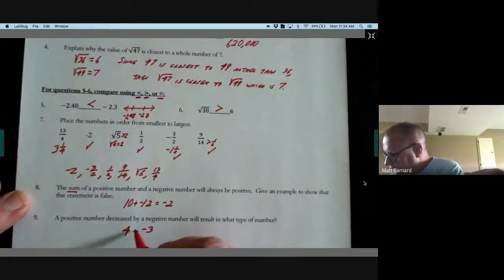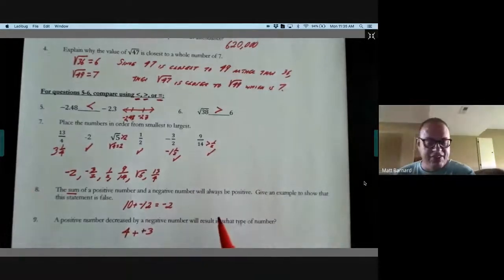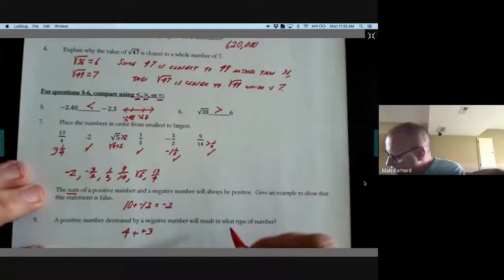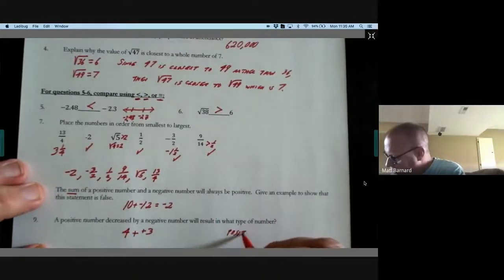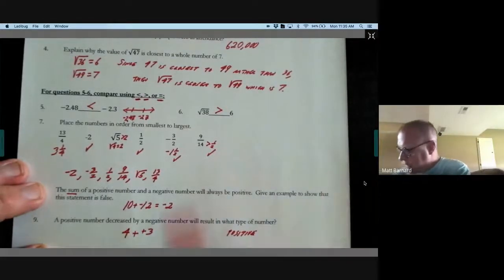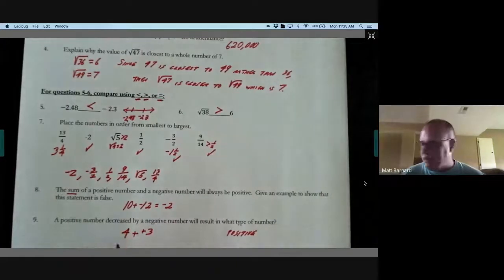Well, when we add the opposite, which is the procedure we use when we subtract integers, we're going to get a positive answer. Does this always happen? Well, yeah, if I pick any positive number and decrease it by a negative number, what I'm doing is taking those negatives away, and so I'm going to have more positives when we're all done.